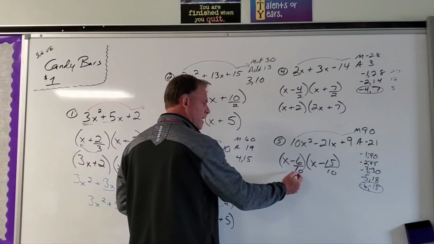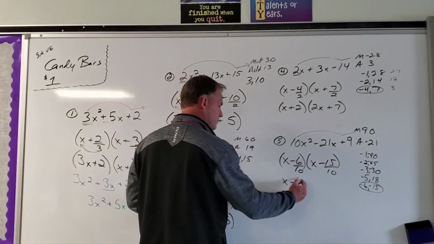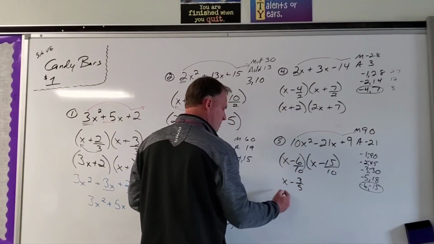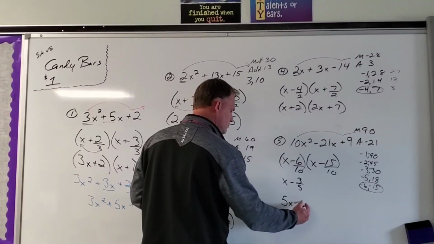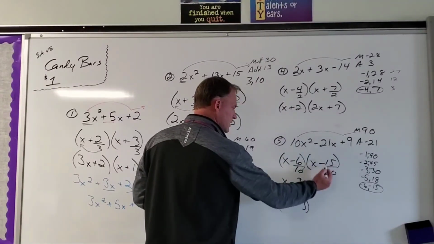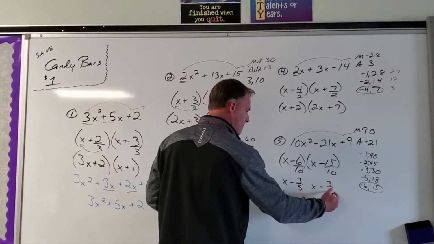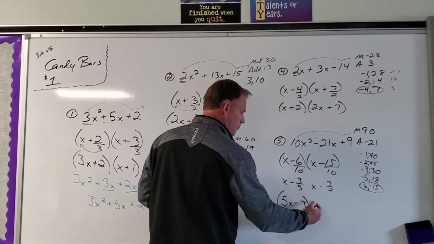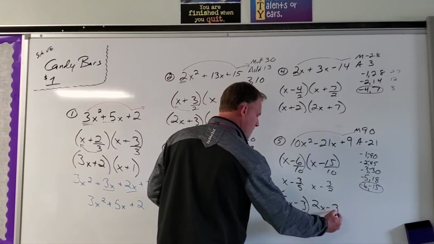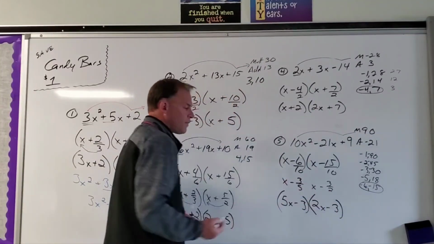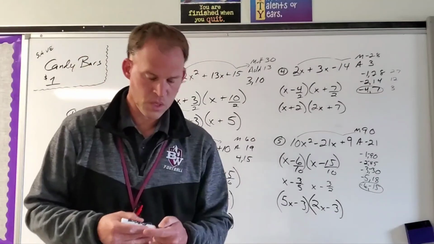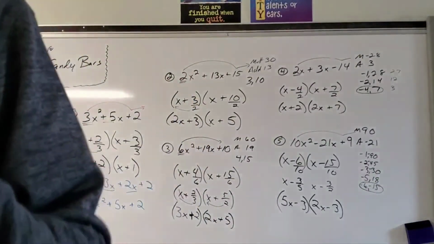Can it simplify? Yes. Bottoms up. Can this simplify? Yes. 5 goes into both of those. Can this? No. Bottoms up. And there you have your answer. All right. Get them out, get to work.